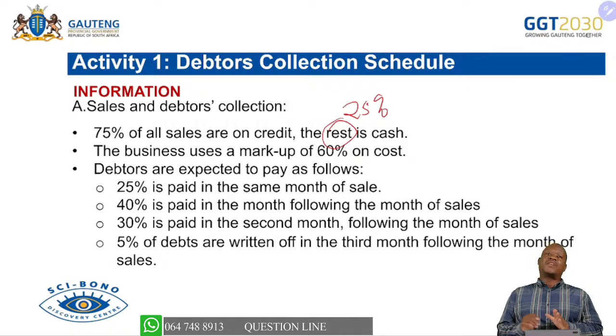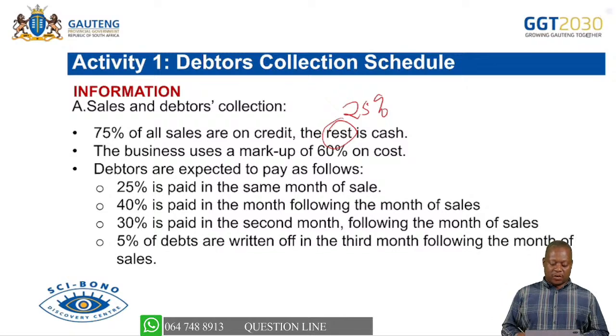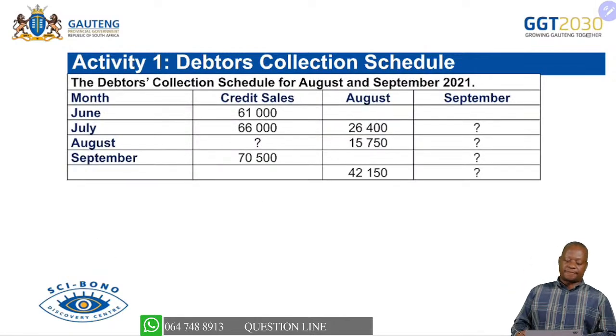And the amount that you have not received in these 3 months, when it comes to April, we already know these guys are not going to pay us. So we are going to write it off as bad debts. So that 5% is not going to be collected. It's going to be written off as bad debts. You wait for 3 months, 5% is written off as bad debts.